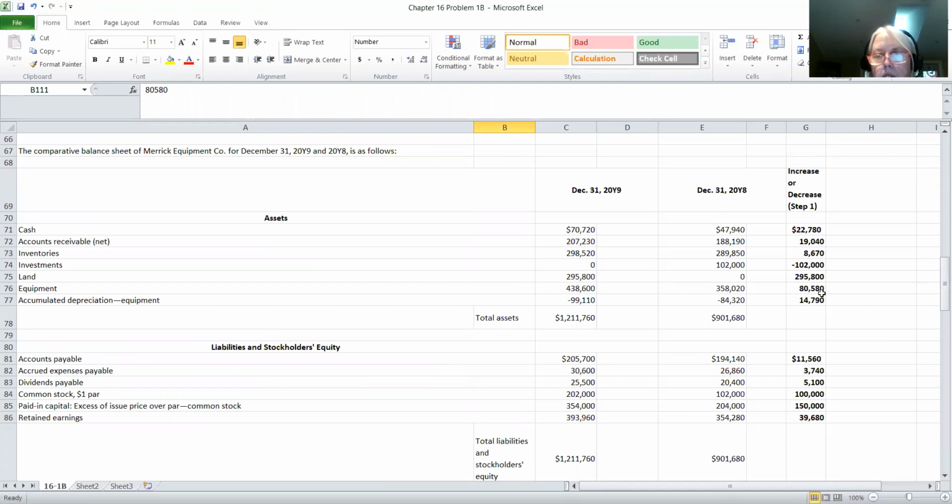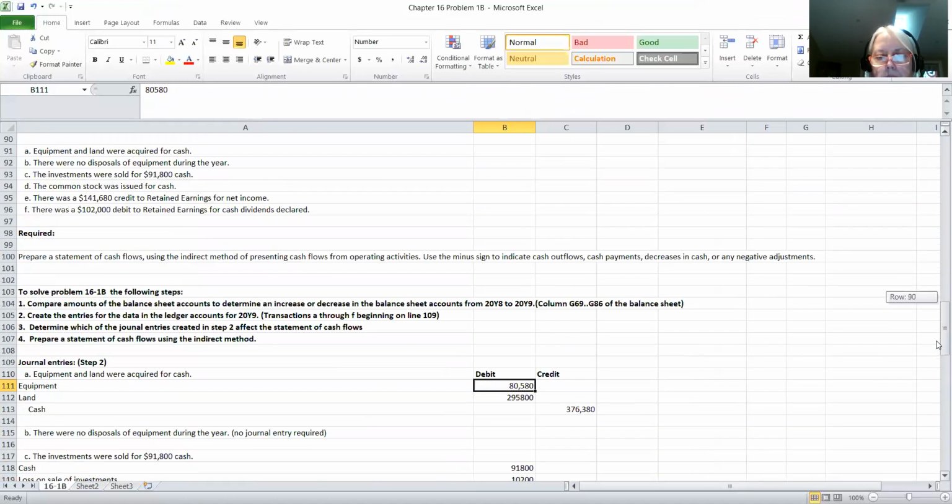So this increase is what I'm recording as a debit to the equipment. Because equipment is an asset, we're going to debit it for the amount that we bought. We bought $80,580. We could tell that by analyzing the balance sheet.